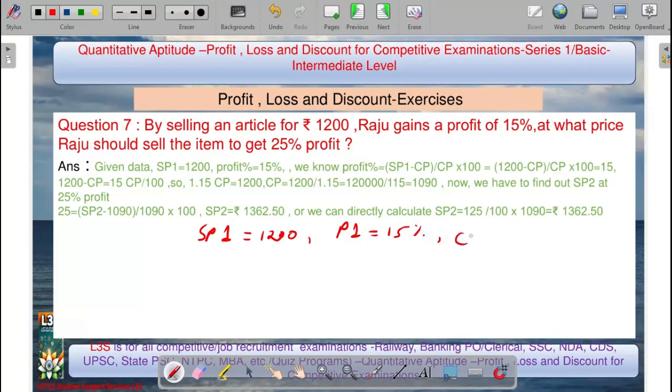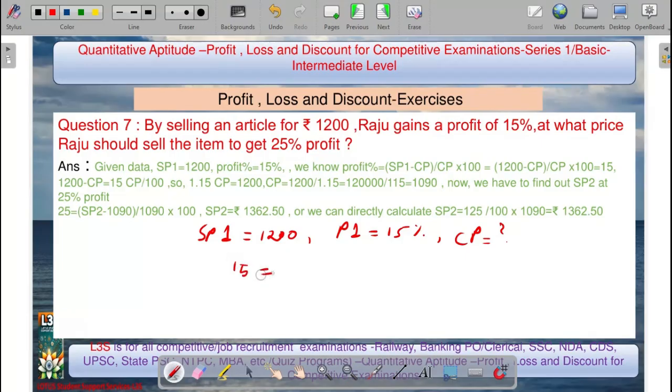So what is CP then? First we'll find out the CP. We can find it through the formula.